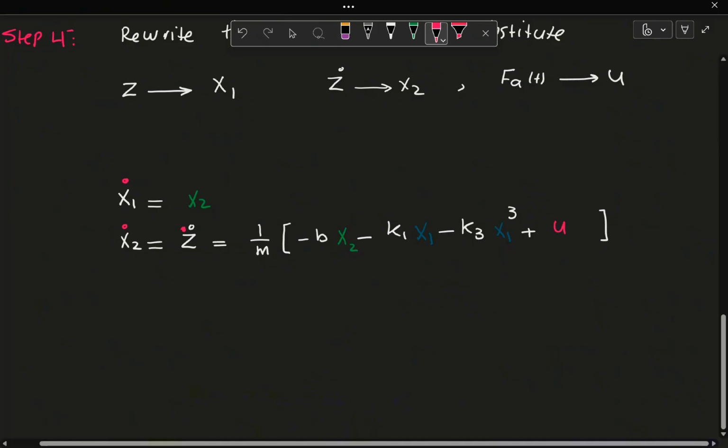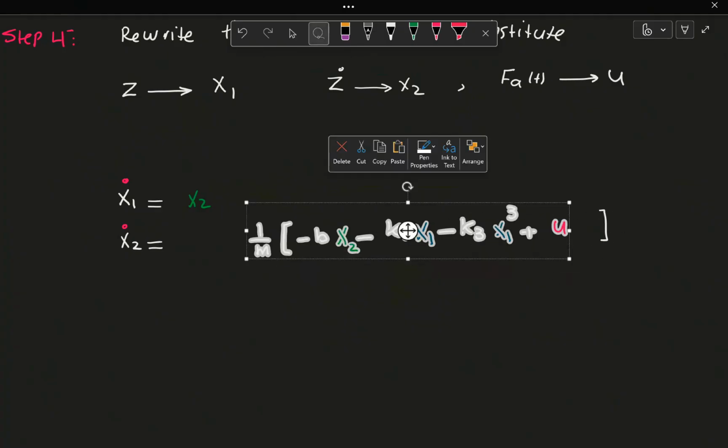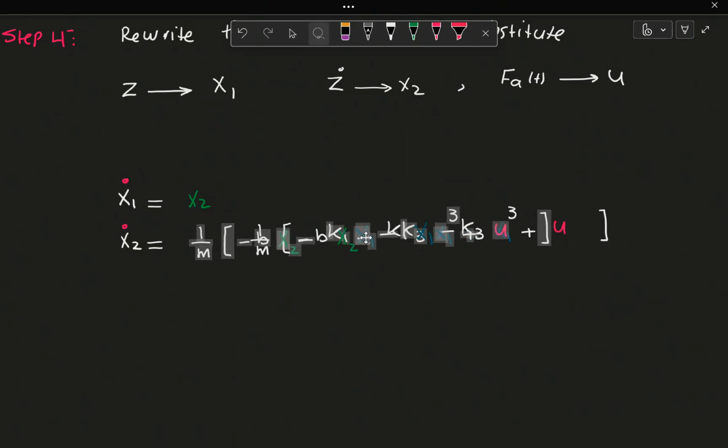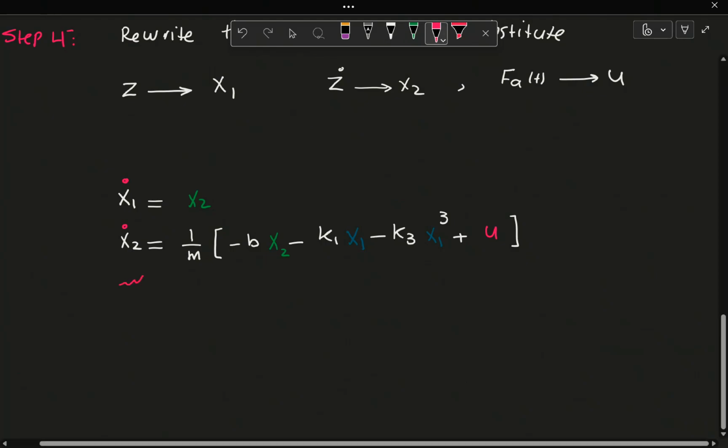At this point, I do not need z double dot anymore. I get rid of that one because I substituted it. I bring these terms a little bit to the left to make it nicer, and this is your state variable equations. Note that on the right hand side you have only x1, x2, and u.